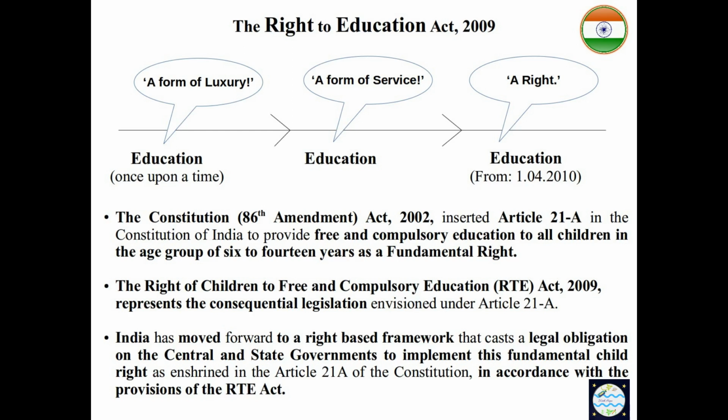The Right of Children to Free and Compulsory Education Act, or the Right to Education Act 2009, which represents the consequential legislation envisioned under Article 21A, means that every child has a right to full-time elementary education of satisfactory and equitable quality in a formal school which satisfies certain essential norms and standards.